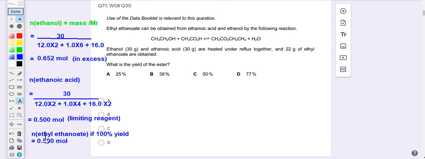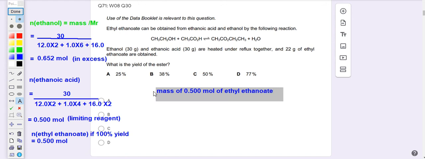Now, let us find what is the mass of 0.5 mole of ethyl ethanoate? So it would be 0.5 multiplied by the Mr of ethyl ethanoate. Now we have 4 carbons.